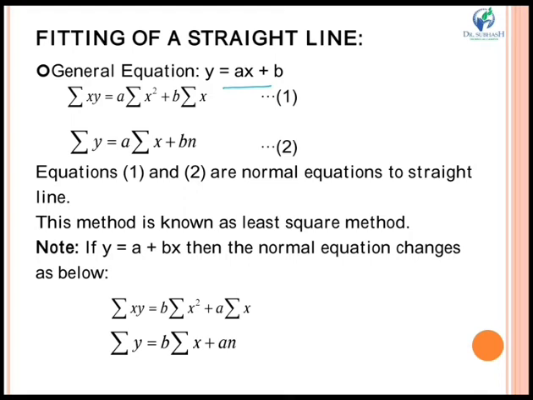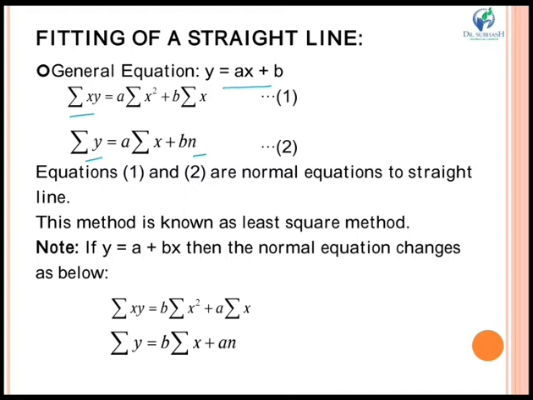Equation 1 is summation xy equal to a summation x square plus b summation x, and equation 2 is summation y equal to a summation x plus bn, where n is the number of values given to us. Equation 1 and equation 2 are the normal equations to the straight line. This method of solving is known as least square method.